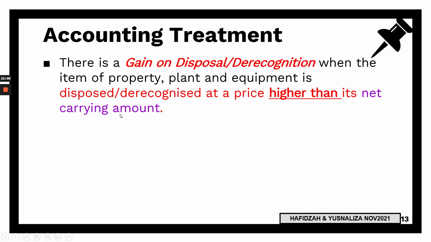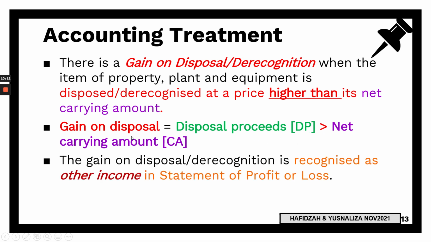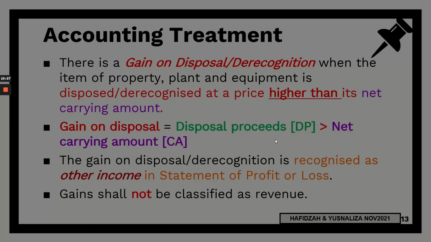So the disposal proceed is greater than the carrying amount, you will get a gain. Therefore, the gain that you will calculate in a short while will be recognized as other income in the statement of profit or loss. And gain shall not be classified as revenue. So it is not a revenue, it is part of other income.